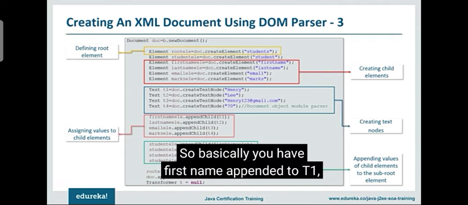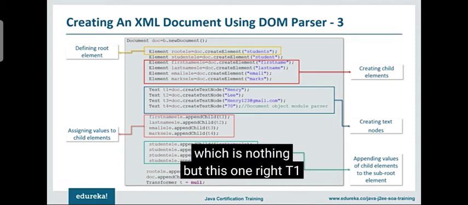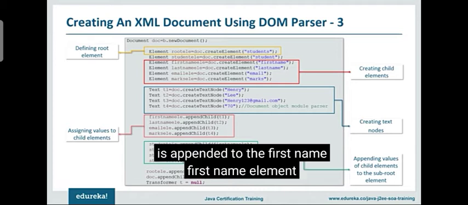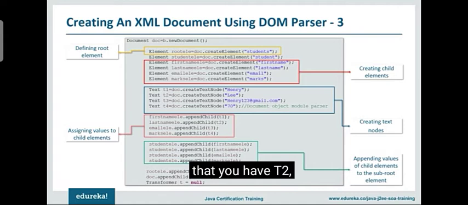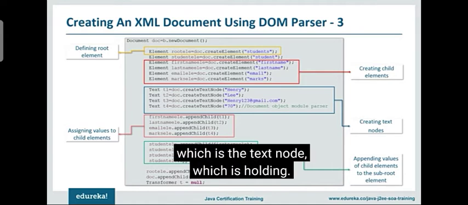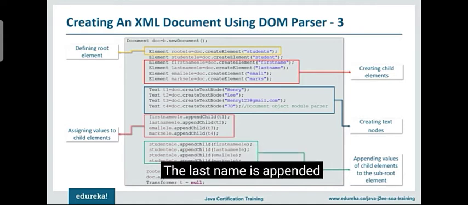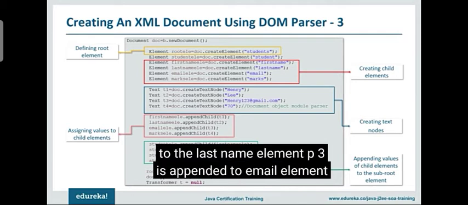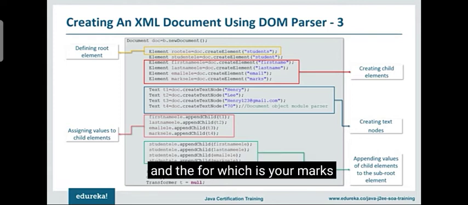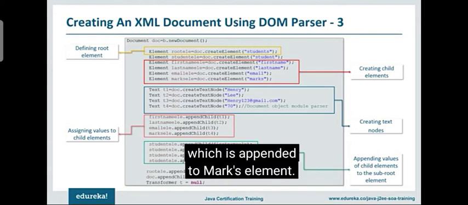So basically you have first name appended to T1, which is nothing but this one, right? T1 is appended to the first name element that you have. T2, which is the text node, which is holding the last name, is appended to the last name element. T3 is appended to email element, and T4, which is your marks, is appended to marks element.